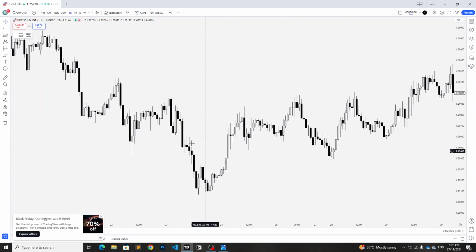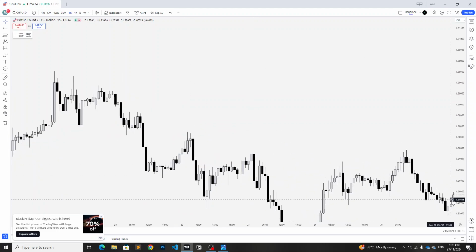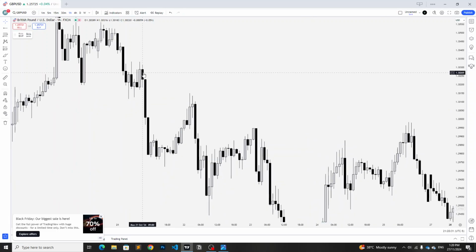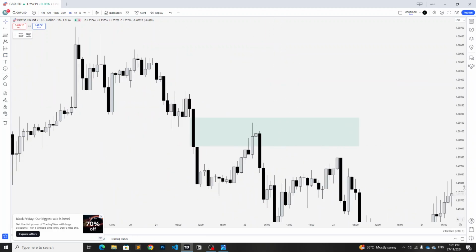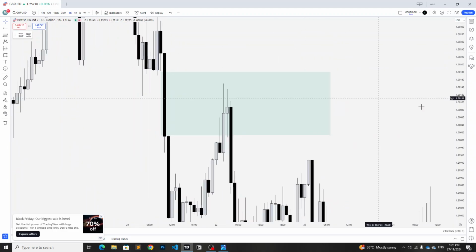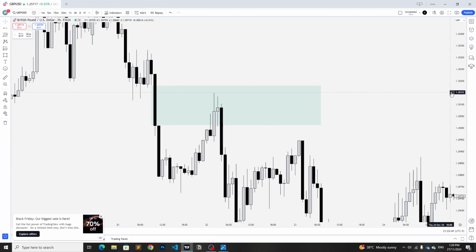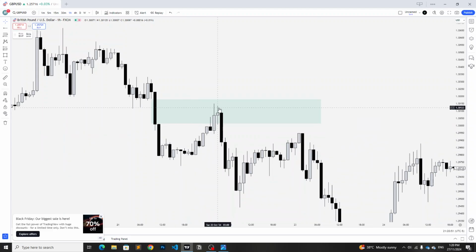See, this three candle pattern right here, that's a fair value gap. Go from the low of the first candlestick to the high of the third candlestick. And see, the price comes back here, taps the fair value gap, bang, moves down.